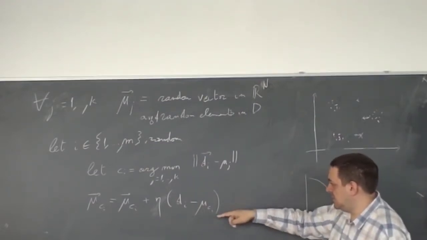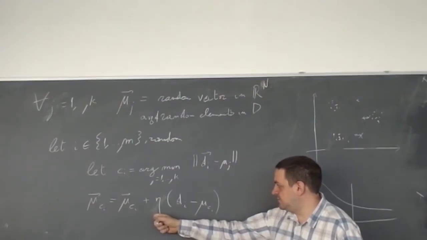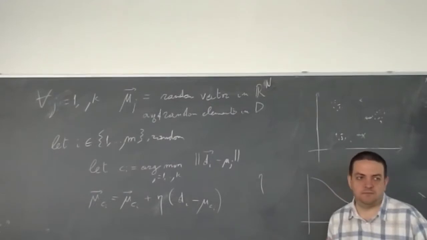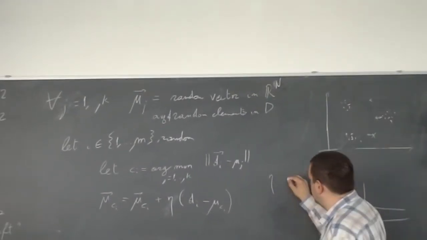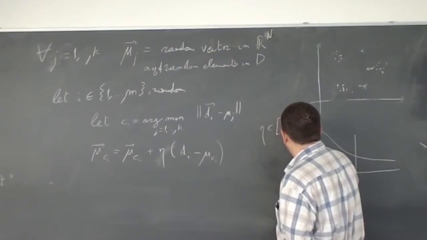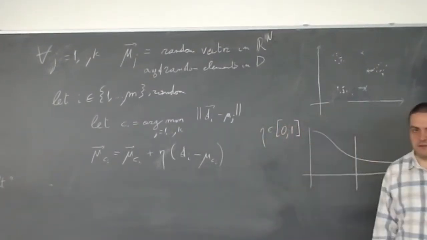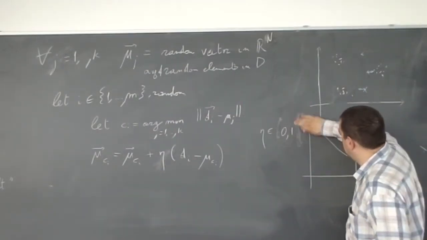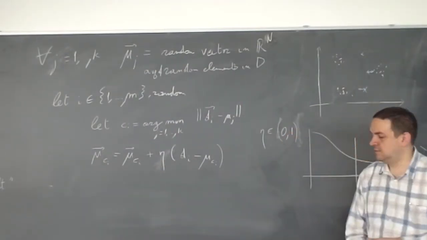You see that, for example, okay, eta of course is some parameter that we need to decide at the beginning of the algorithm, and it will be in the range 0, 1. Of course, neither 0 nor 1 are useful to us.